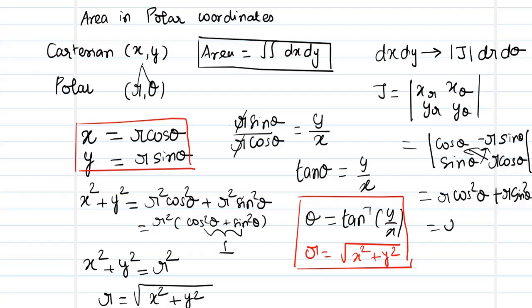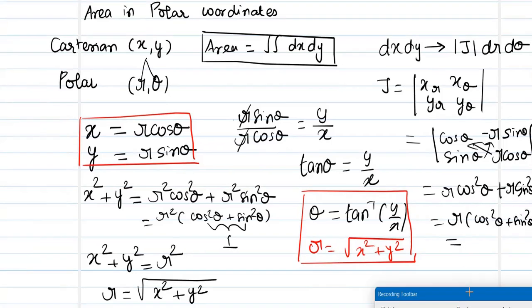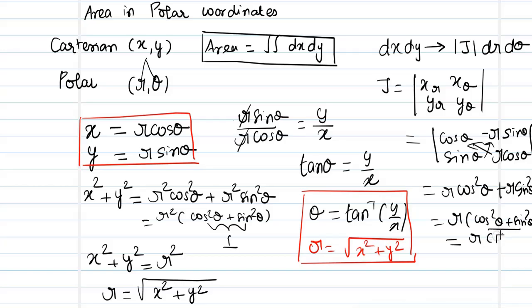Therefore, when we take r outside, we have cos square theta plus sin square theta. So the value is going to be equal to r, since cos square plus sin square is the identity 1. Hence, we now get the formula dx dy converted to Jacobian times dr d theta, and the Jacobian value is nothing but r.